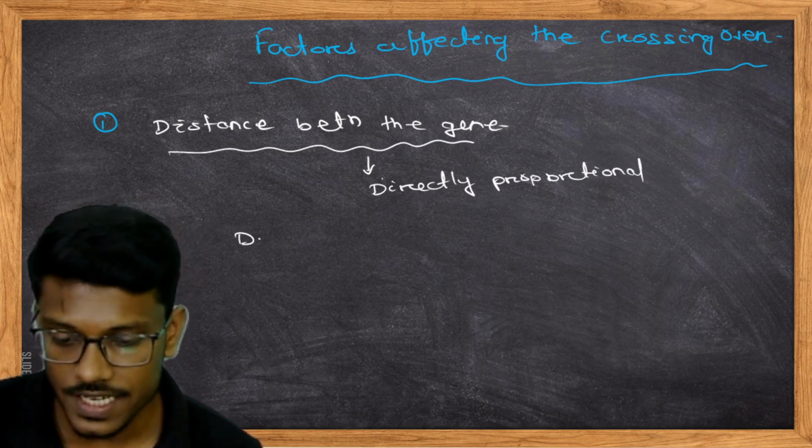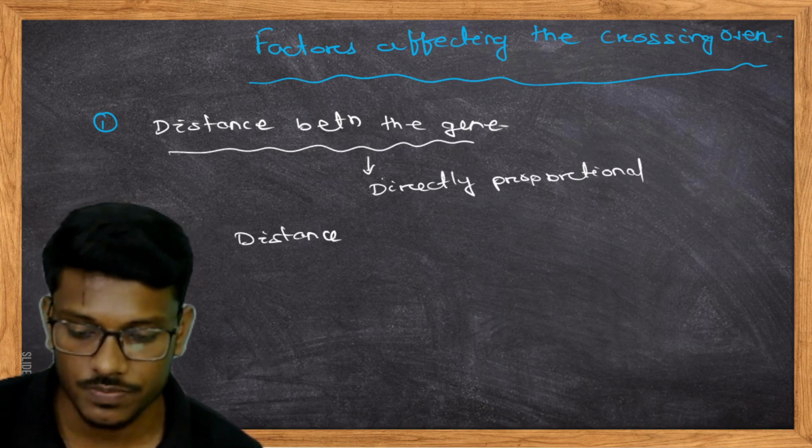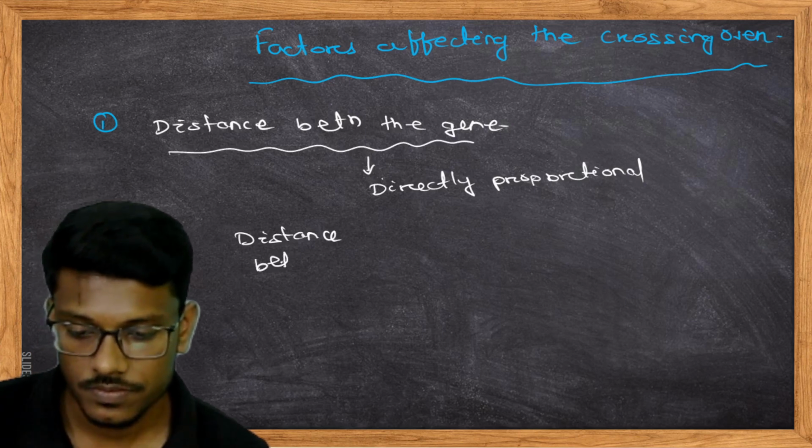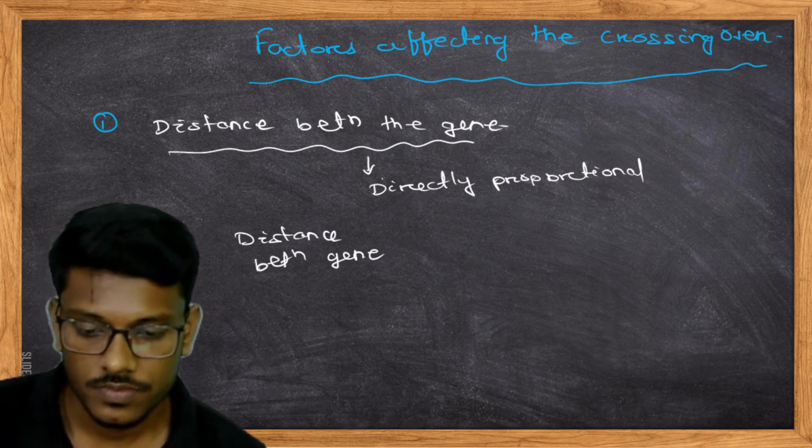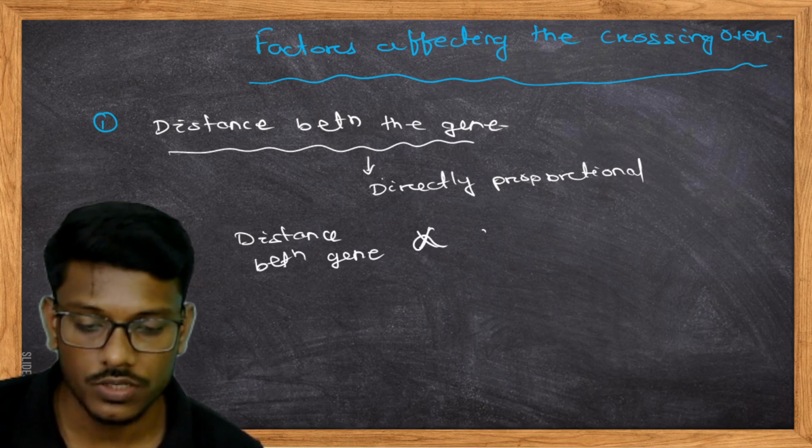So the distance between the genes is directly proportional to crossing over.